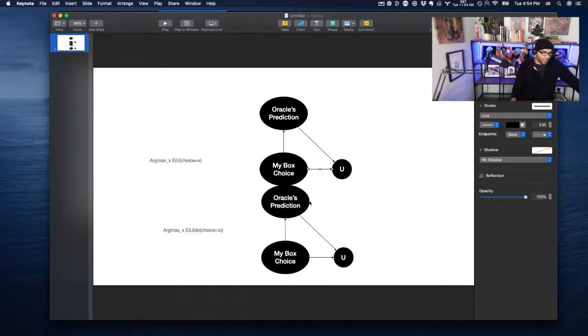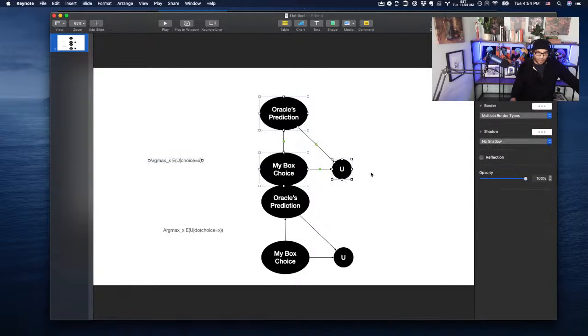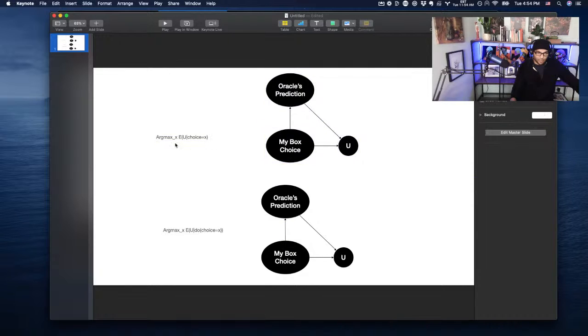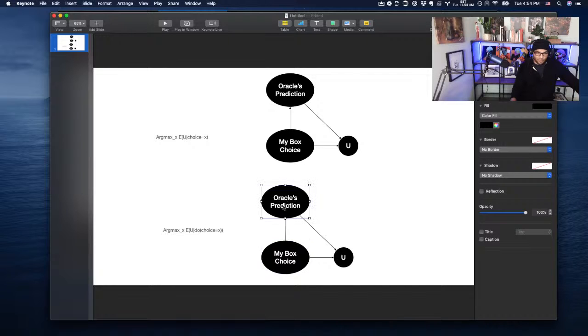What I'm trying to do is figure out how to use causal semantics to make this result different, and I'm not seeing it. Right? I choose this box that affects my choice.